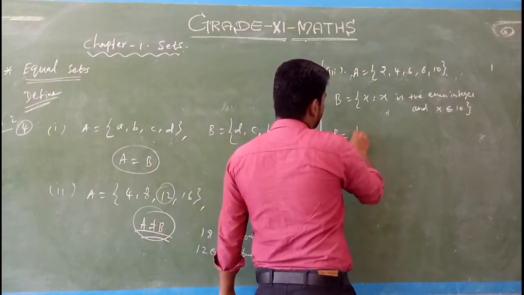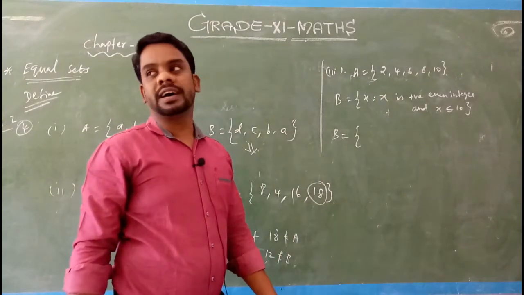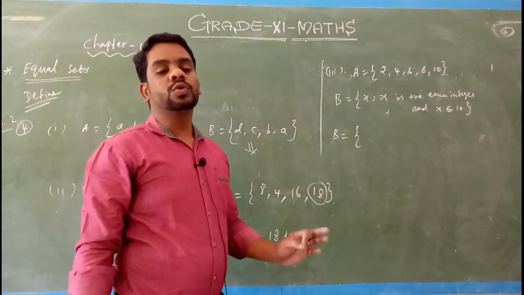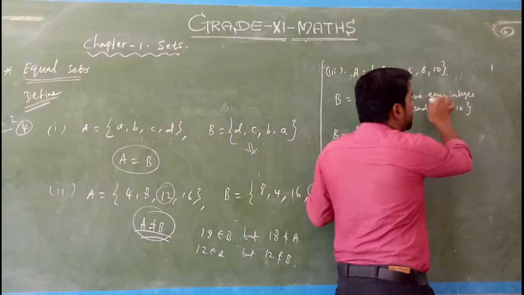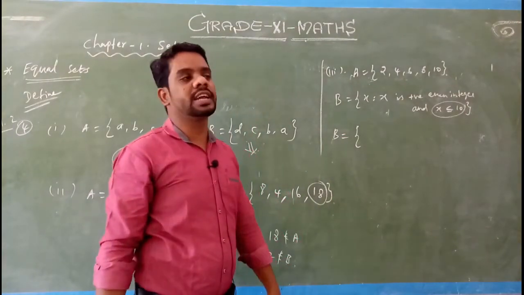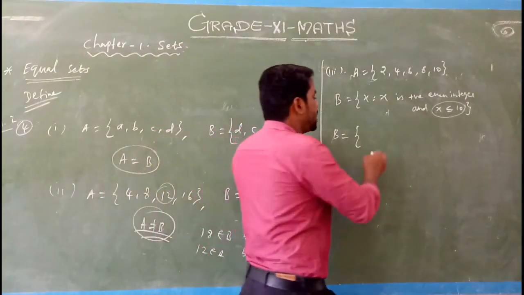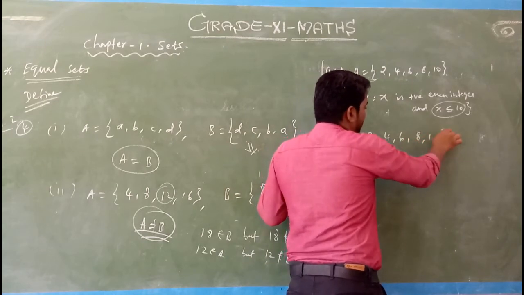So B equals x such that x is a positive even integer. You know that the positive even integers are 2, 4, 6, 8, 10 and so on. But given the condition that x is a positive even integer and also x is less than or equal to 10, the positive even integers are 2, 4, 6, 8, 10 only.